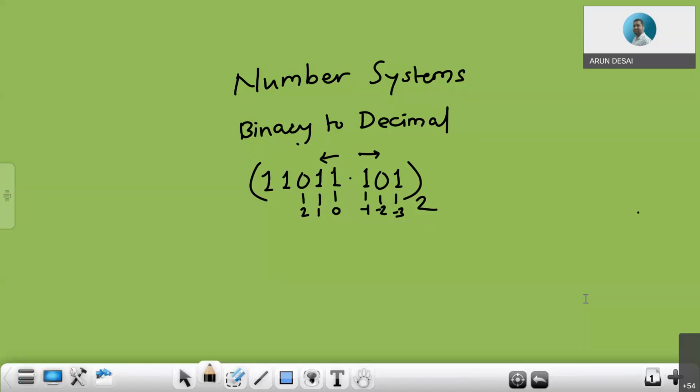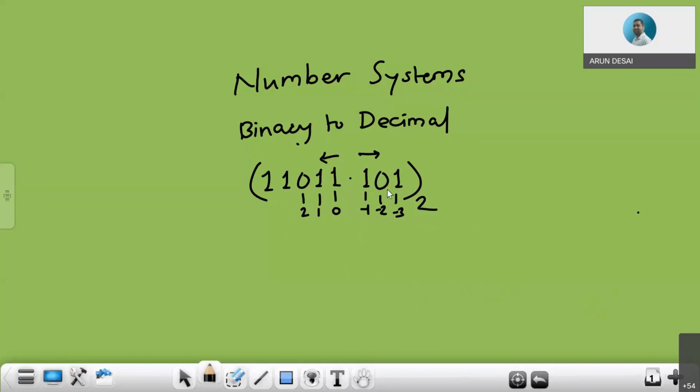You need to show how you are going to solve this. Which bit you are taking, how you are multiplying which bit, then adding it into the result, right? All those steps need to be shown.